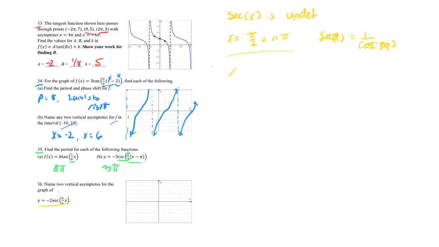In this case, x equals -3 will get us a secant of negative pi halves, which is undefined, and x equals positive 3 will also do the same thing. And then any addition of, or subtraction of, 6 from either of those values, and you would get additional asymptotes of that particular secant function. Good luck on your exam.